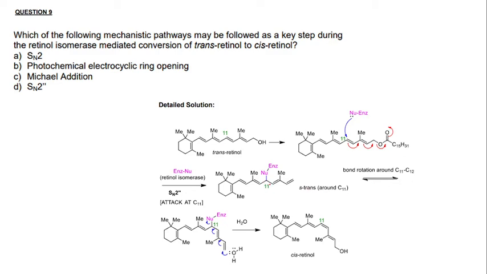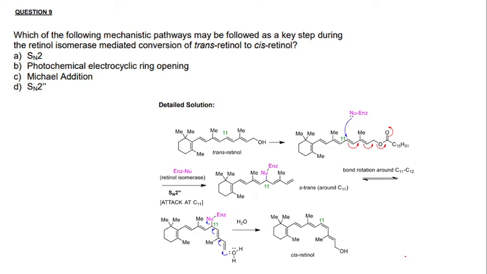then there will be bond rotation because now it's an sp3 C11 and C12, and then it will orient the orbitals so that water can attack and this nucleophile can leave again, leading to the cis retinol.